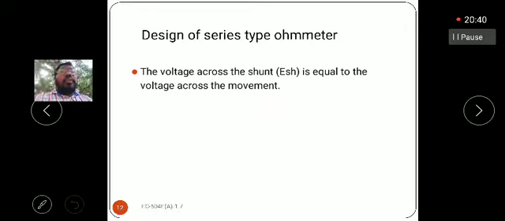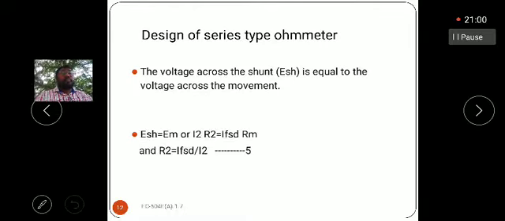Then the voltage across the shunt, ESH, is equal to the voltage across the movement. ESH is equal to EM, the voltage across the meter.